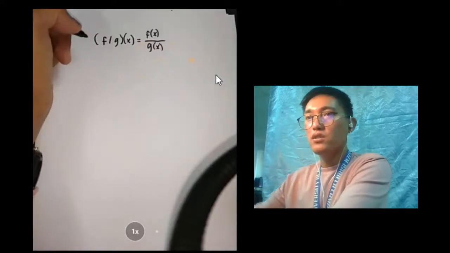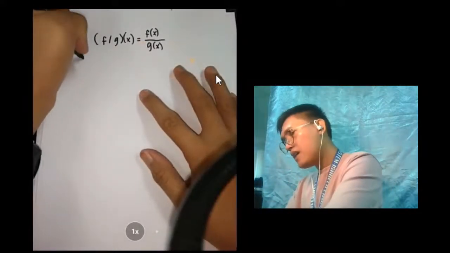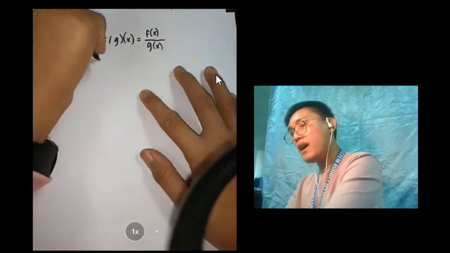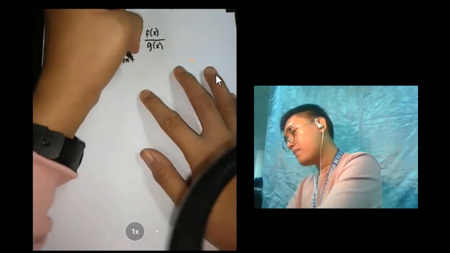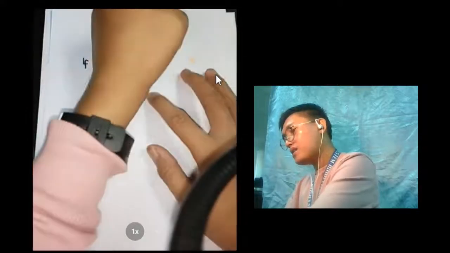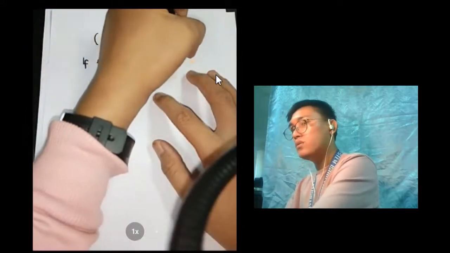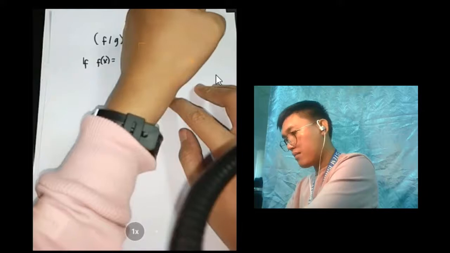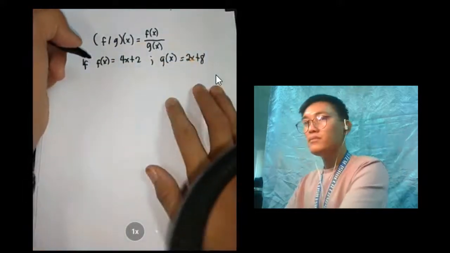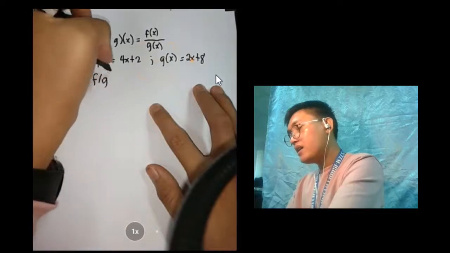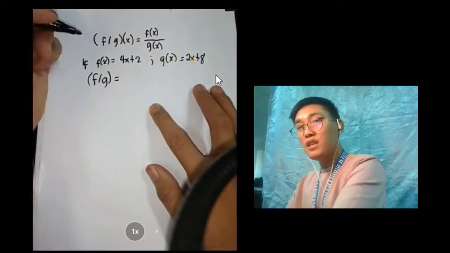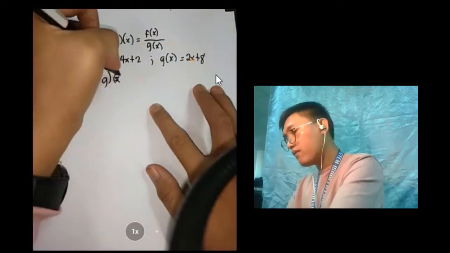So let's say f of x is equal to 4x plus 2 and g of x is equal to 2x plus 8. Let us operate this by applying f over g of x.